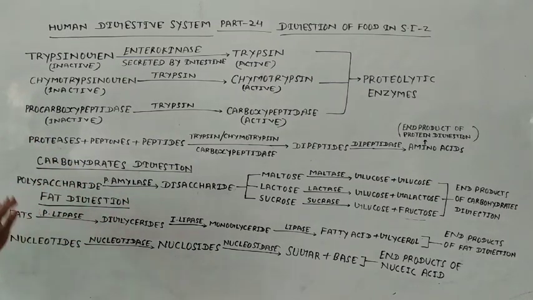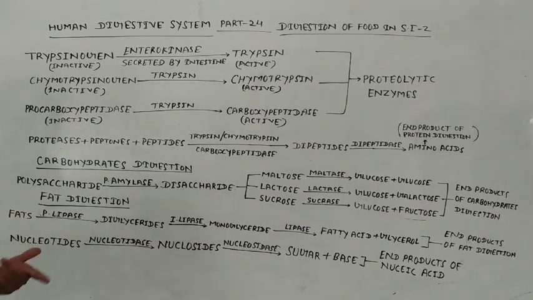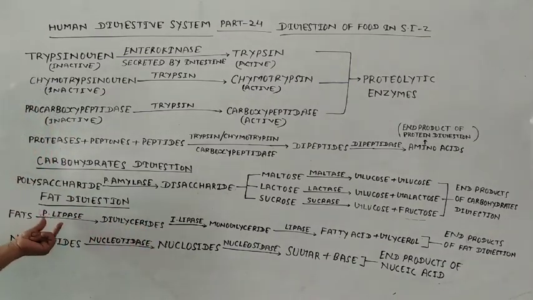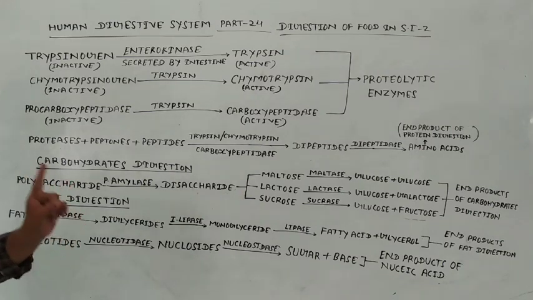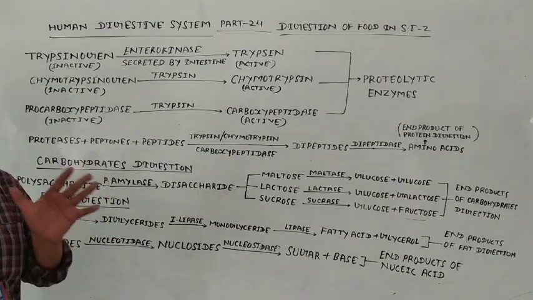So fat, first of all, we can say means monoglycerides. So monoglycerides convert into diglycerides in the presence of which enzyme? Pancreatic lipase. So pancreatic lipase acts on fat molecules, big molecules of fat, and converts them into diglycerides.